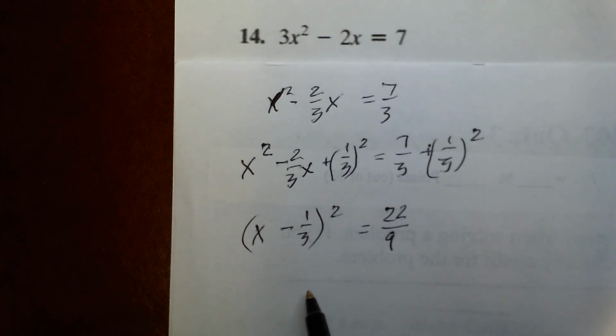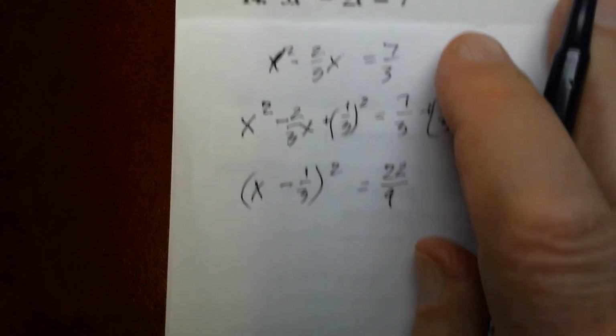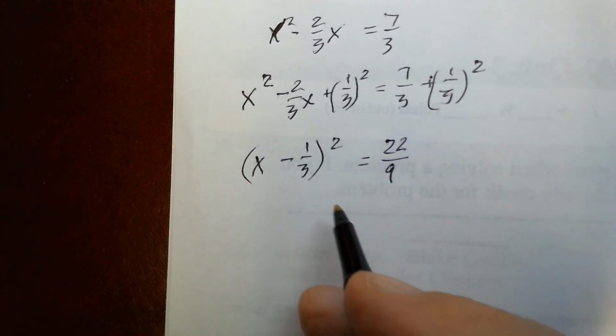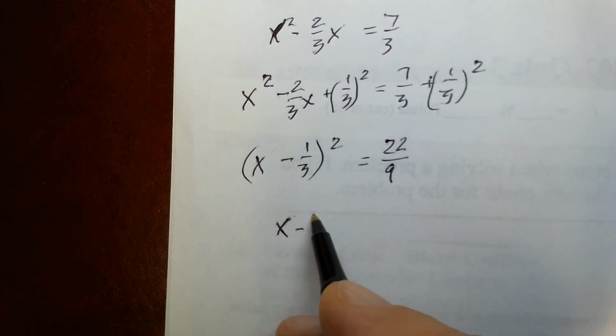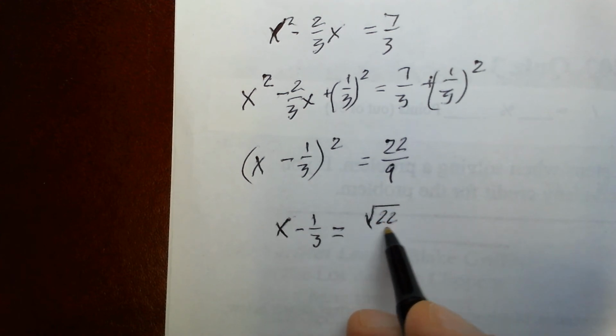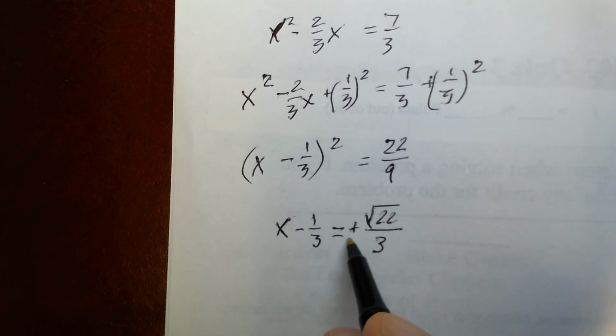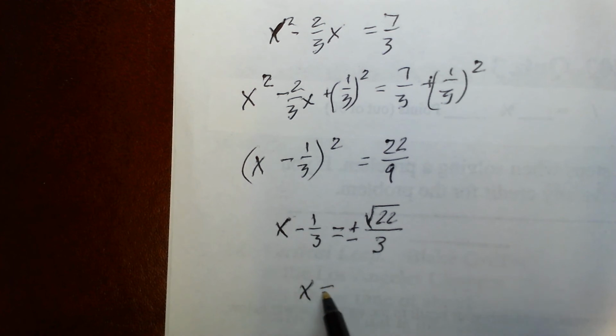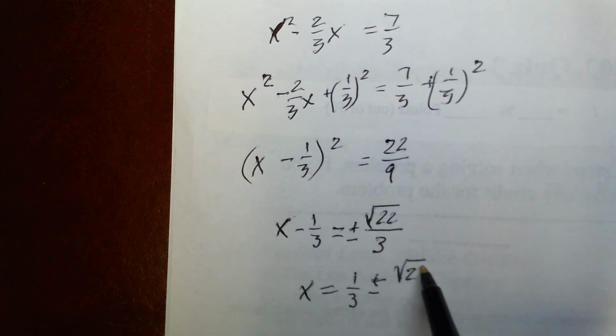When we take the square root on both sides, we'll have x minus 1/3 equal to plus or minus the square root of 22, and the square root of 9 is equal to 3. So then in the final answer we have x equals 1/3 plus or minus the square root of 22 divided by 3.